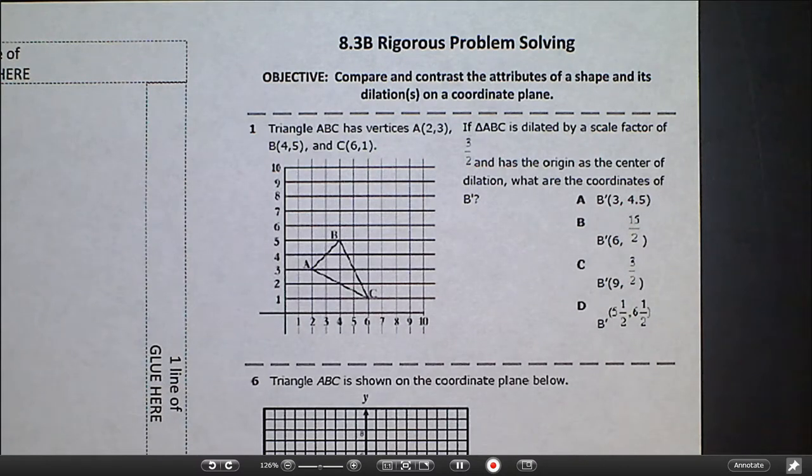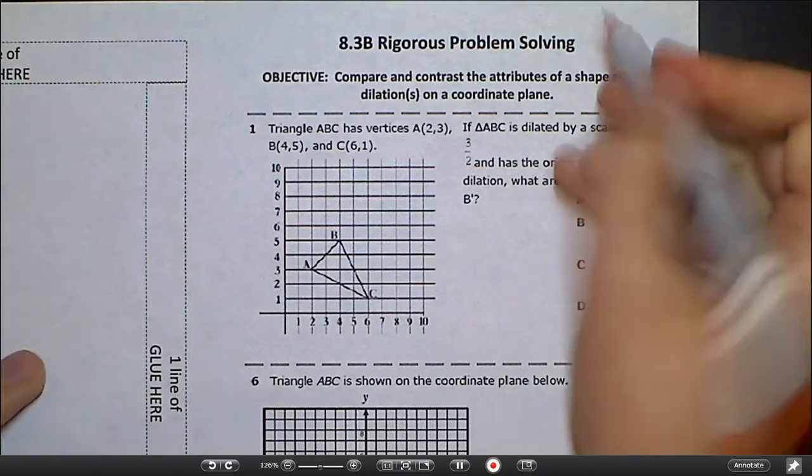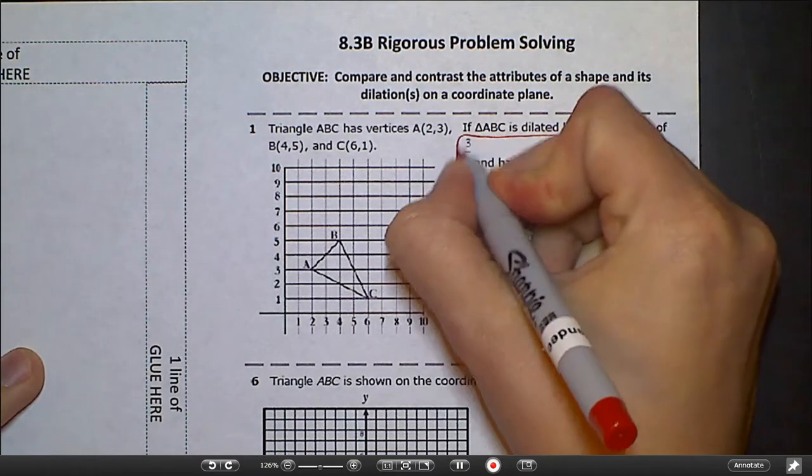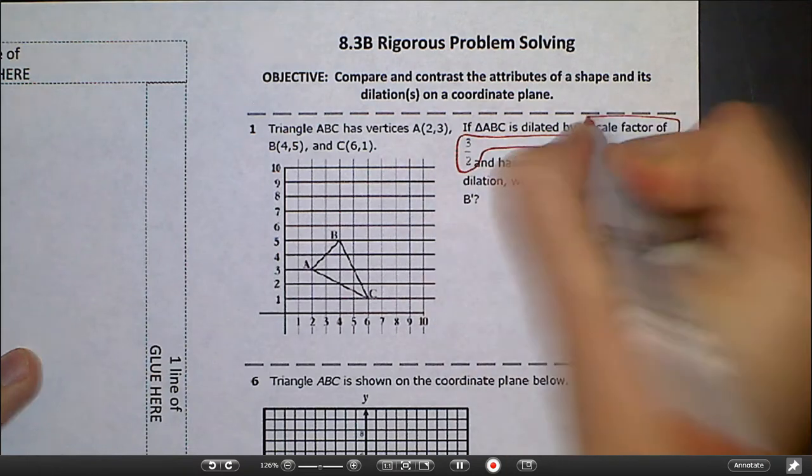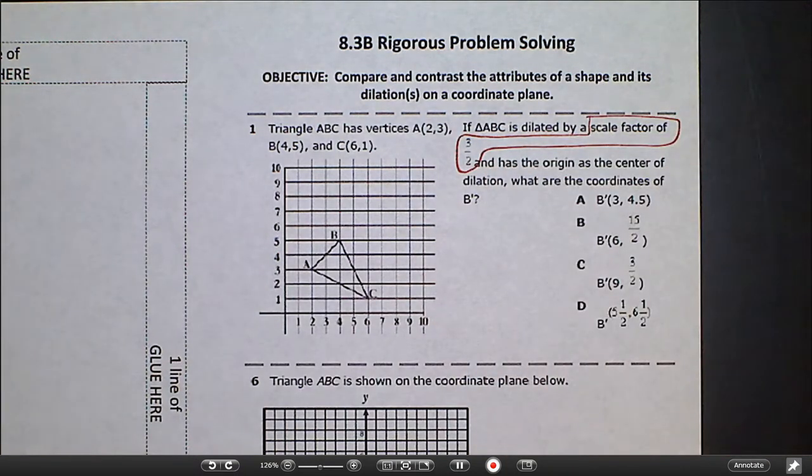That's all we're doing. Number 1 says, triangle ABC has vertices A, B, and C, and it gives us the coordinates of each of those vertices. If triangle ABC is dilated by a scale factor of 3/2, and has the origin as the center of dilation, which it always will in this year, what are the coordinates of B prime?